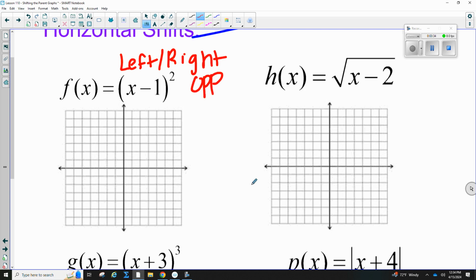In other words, minus 1 is usually left, okay, because it goes negative on the x-axis, but these ones always go opposite, so this actually means we are going to shift this graph right 1. Okay, so this is an x squared graph shifted right 1.